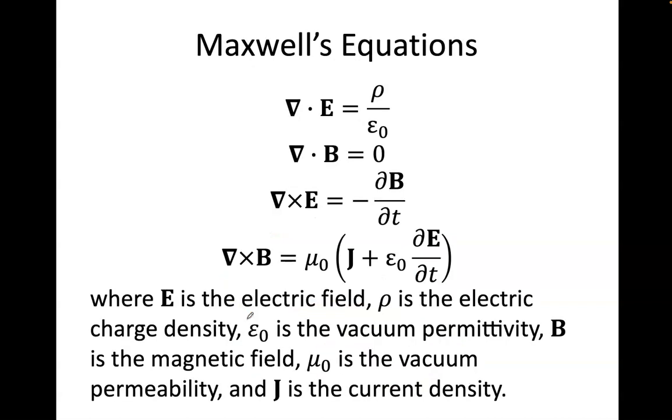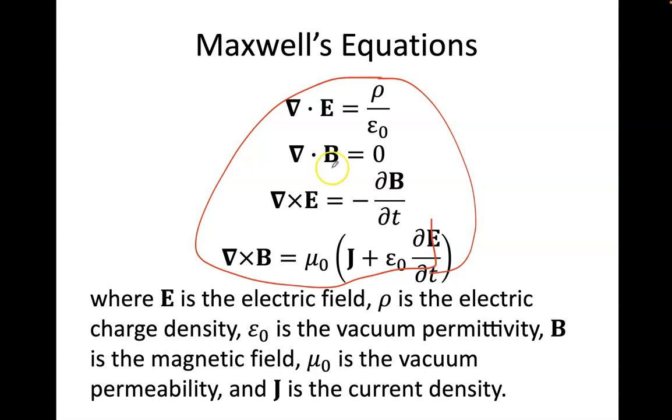So where on earth are you going to use all of these things? It turns out that Maxwell's equations, named after the great physicist James Clerk Maxwell, are based on divergence and curl. Notice del dot E is rho over epsilon 0, and these other ones are also based on divergence and curl.